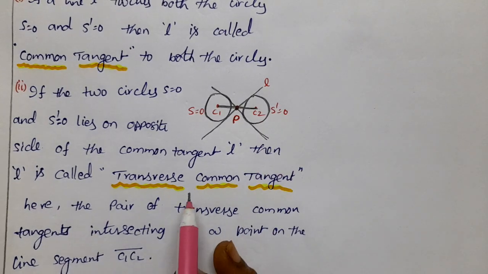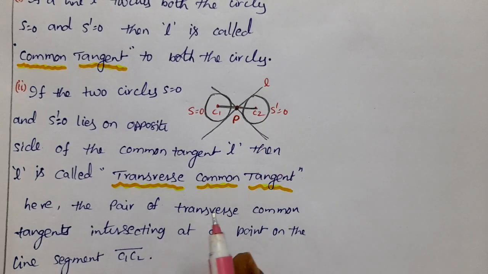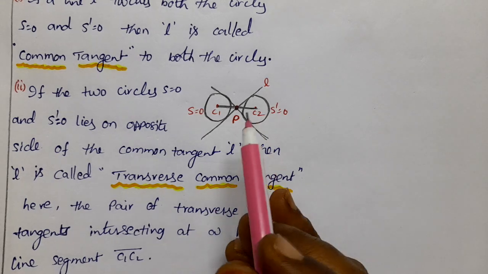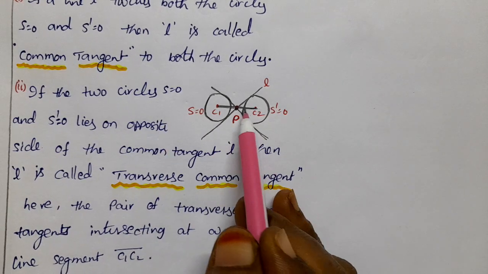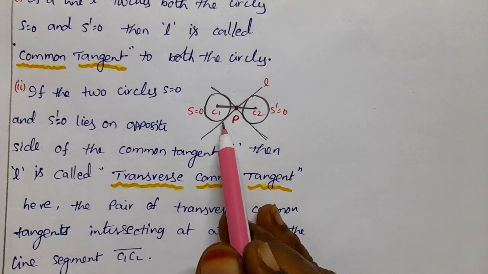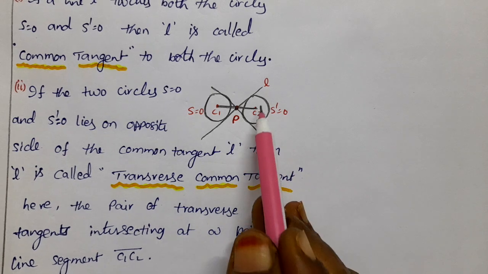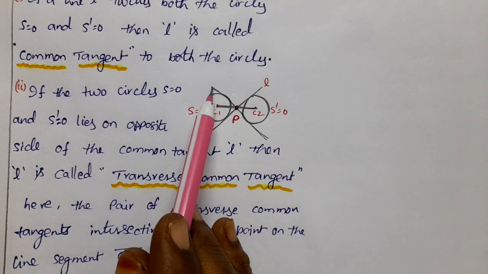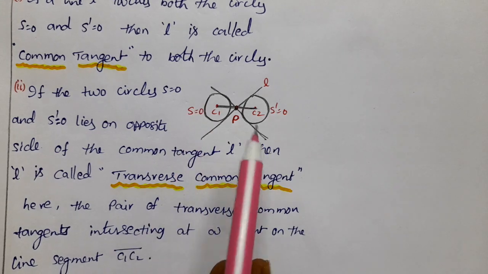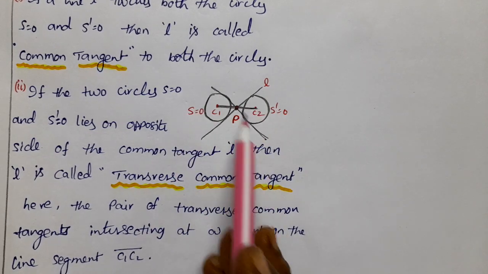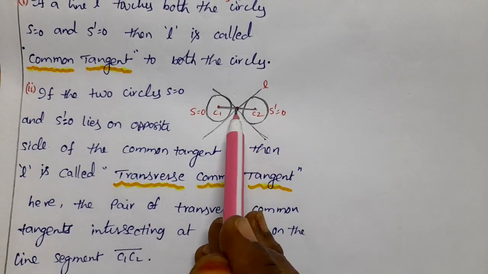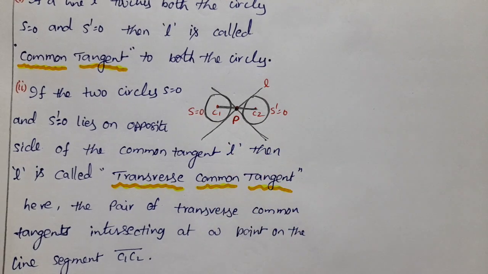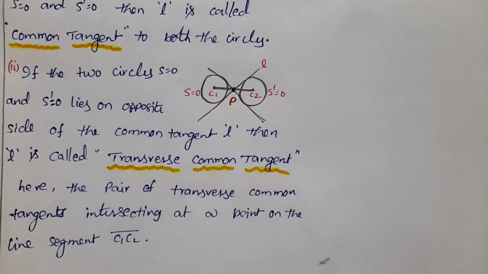So a transverse common tangent is defined like this: if the two circles lie on opposite sides of the common tangent L, then the tangent is called a transverse common tangent. If we draw another transverse common tangent, then the point of intersection of these two transverse common tangents lies on the line segment C1 C2.